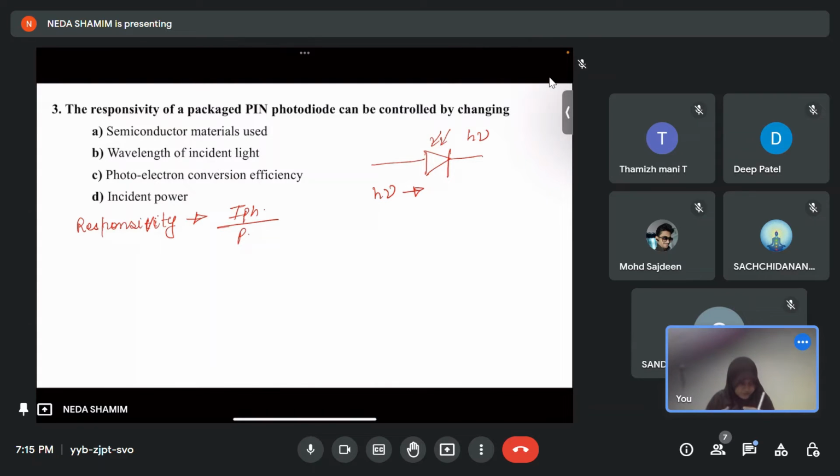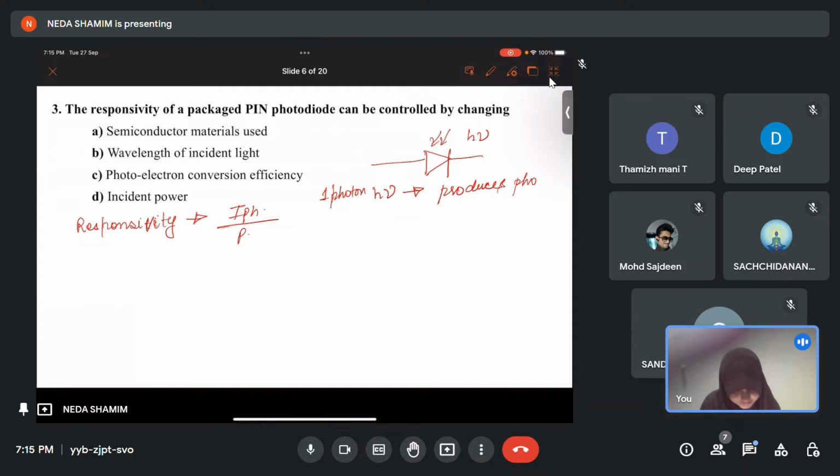Every single photon is generating a few carriers, and how many electrons per second is it generating? So it will produce some electron flux. Sorry, I said photon flux, it should be electron flux.